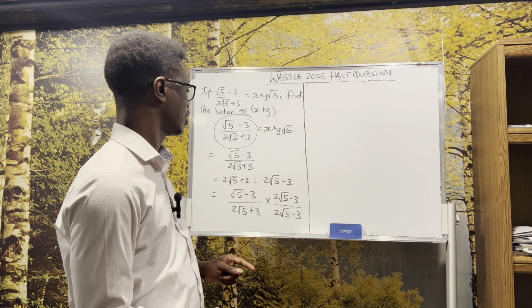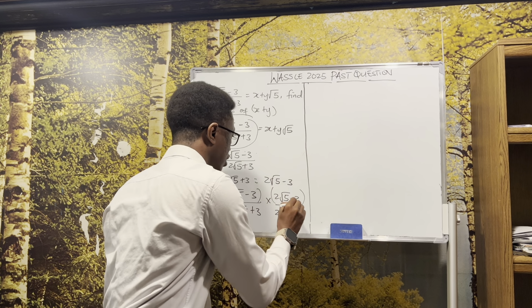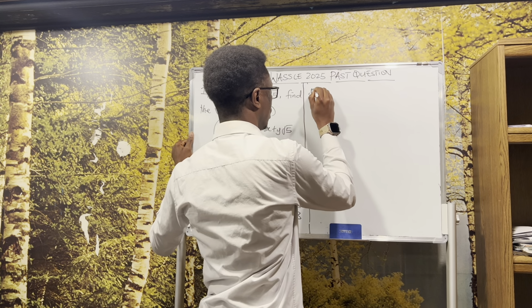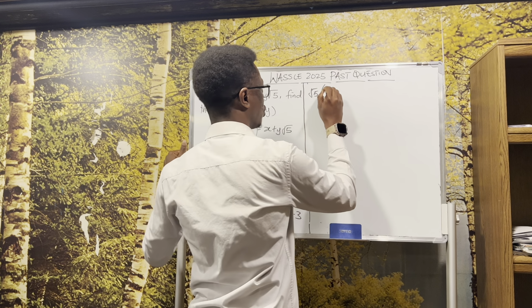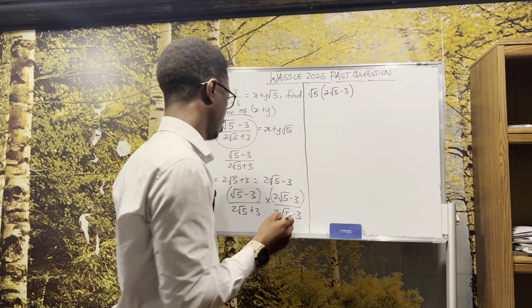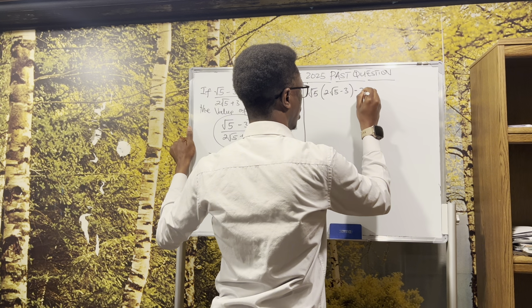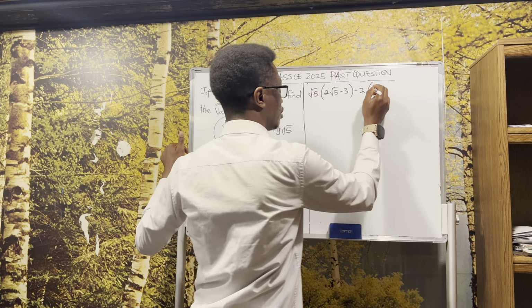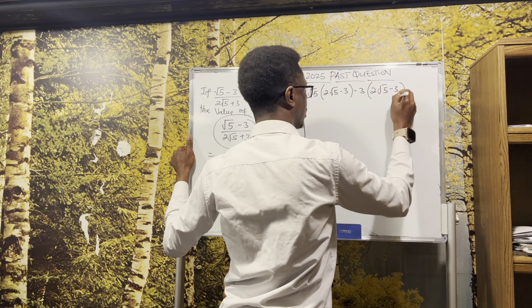Now the next step, you multiply each term. Let's start with the numerator. Give each a bracket. You take root 5, open the bracket, and multiply by 2 root 5 minus 3, close the bracket. Then you take minus 3 and multiply again by 2 root 5 minus 3.